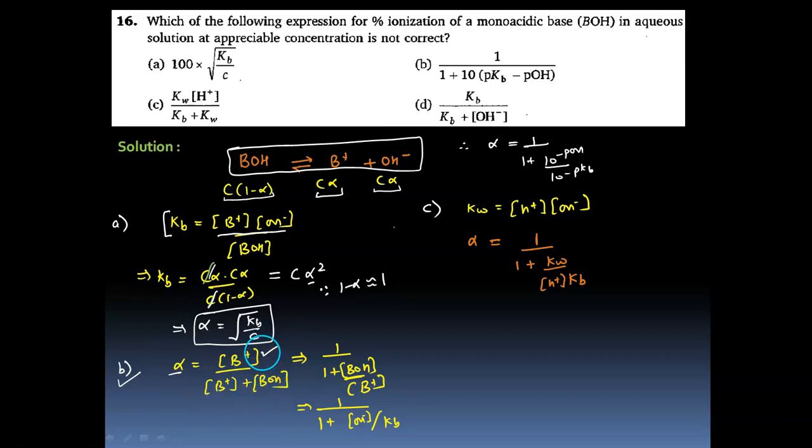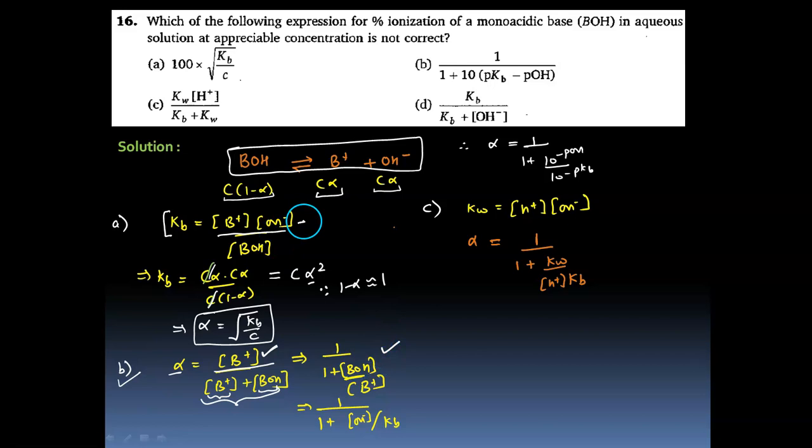Right? So this is dissociated upon total, because this B+ is dissociated, and this BOH is undissociated, still in the form of BOH. So that gives you a fraction. If we just divide this numerator and denominator by B+, I get this expression.